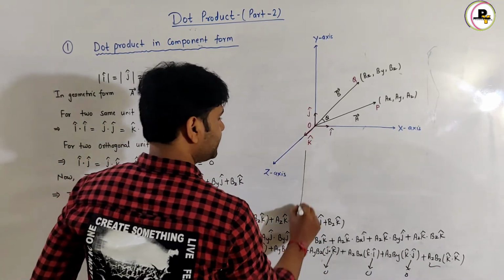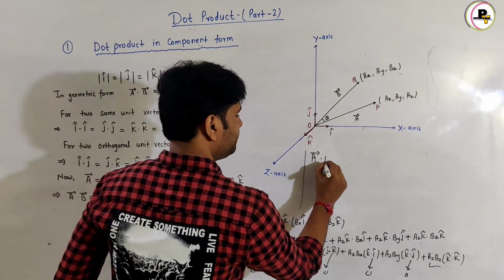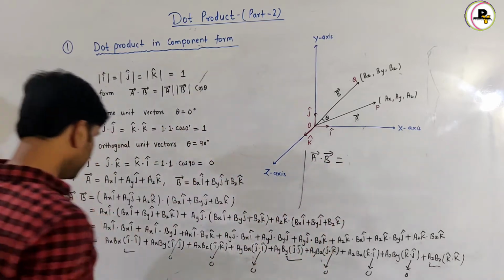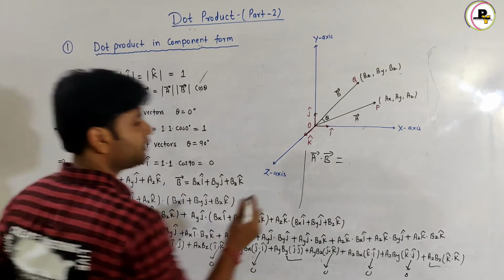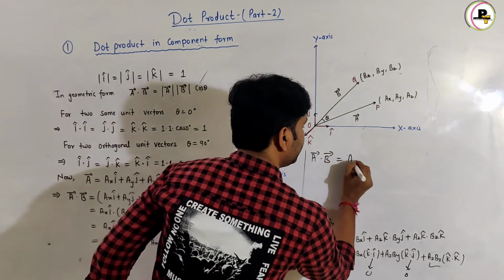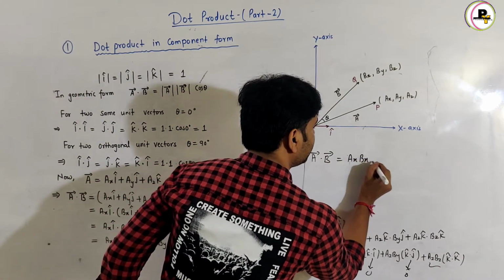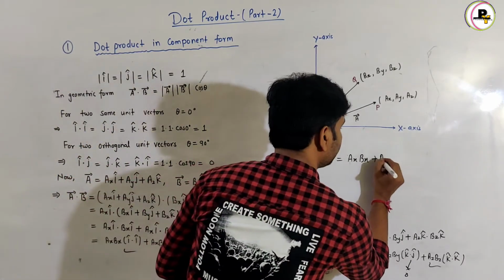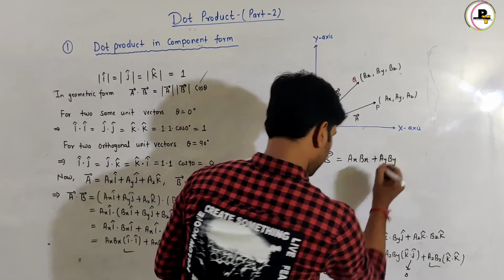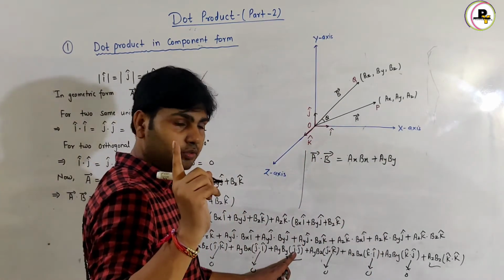So I can write here a vector dot b vector equals to what I get, ax bx, and i cap dot i cap is 1. So I can write here this is equal to ax bx plus what is the second term? Second term is ay by, and j cap dot j cap will be equal to 1.